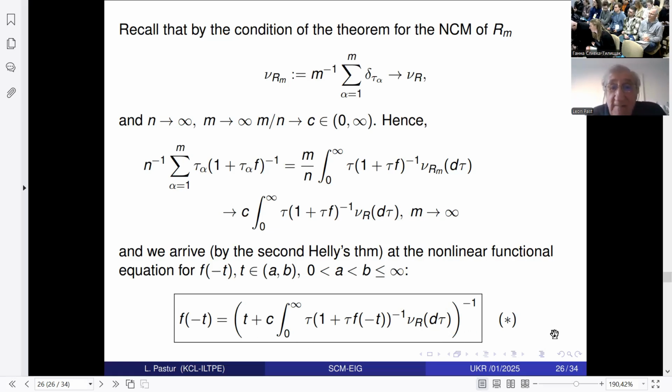We proved that whatever the sequence of Stieltjes transforms, each subsequence, there could be many, satisfies this equation. So in principle this equation could have many solutions, and then it would be a disaster for us, but we are going to prove that this equation has a unique solution, and provided that it is proven, we are done. We will prove that indeed there is a limit.